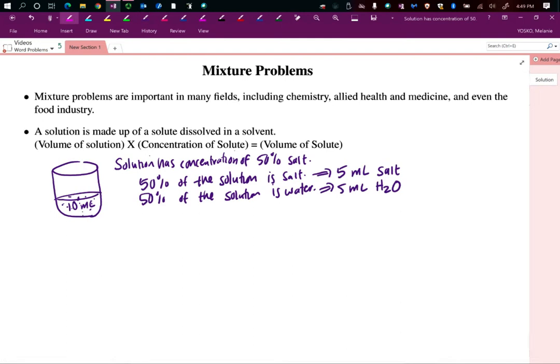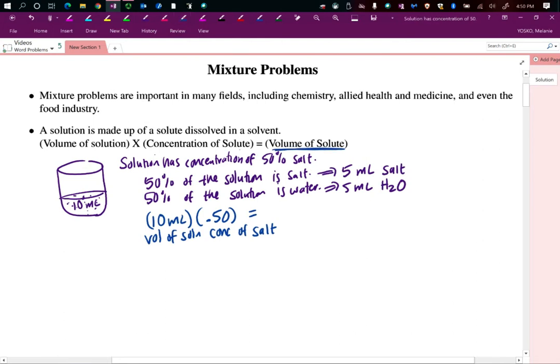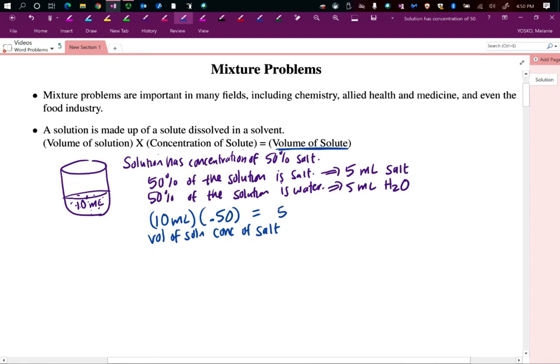But what you're really doing is you take the volume of the solution, 10 milliliters, and multiply that by the concentration of the salt. Our solute is what's being dissolved, in this case salt. The concentration of the salt is 0.5, and if you multiply, you get the volume of salt in that container. 10 times 0.5, we do get 5 milliliters of salt.